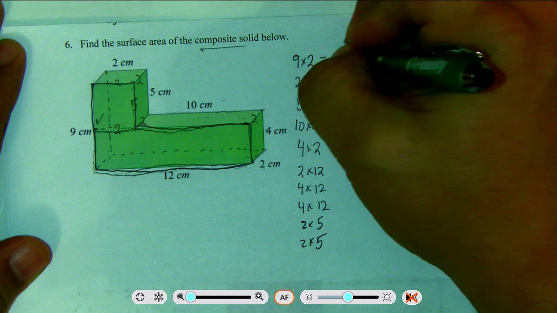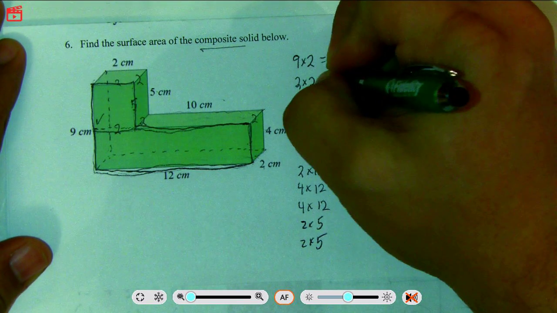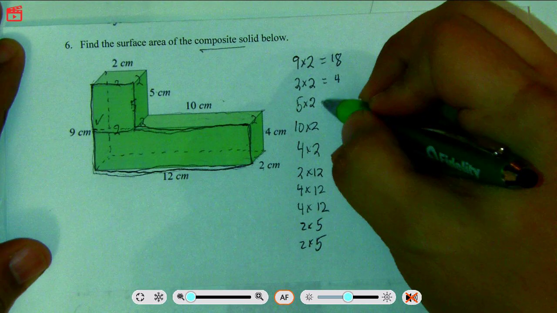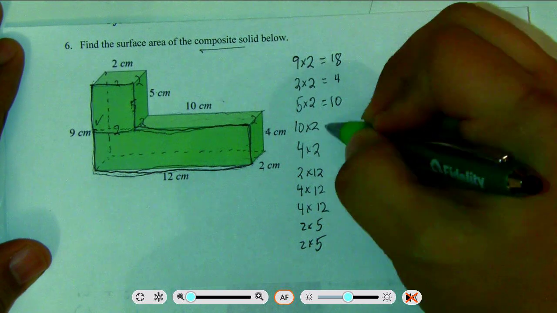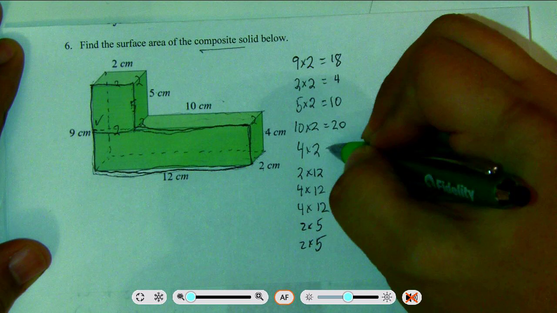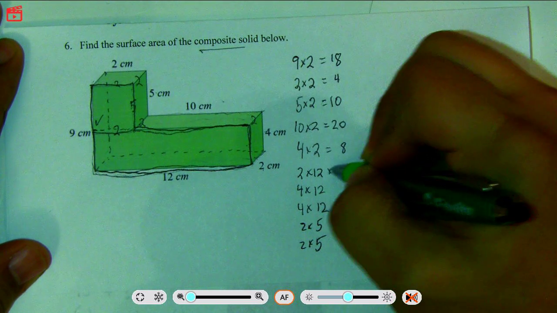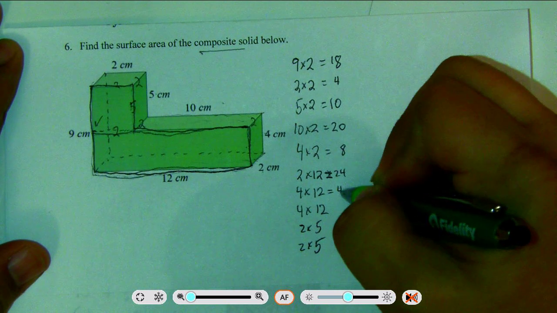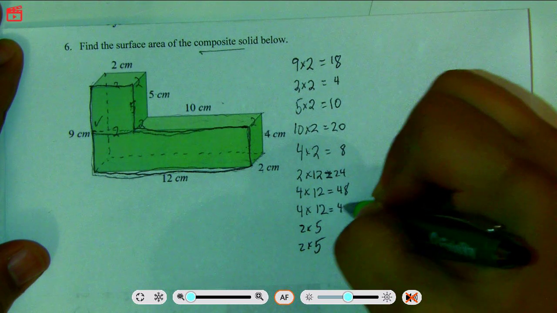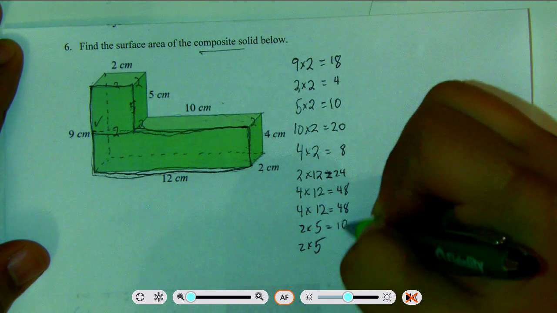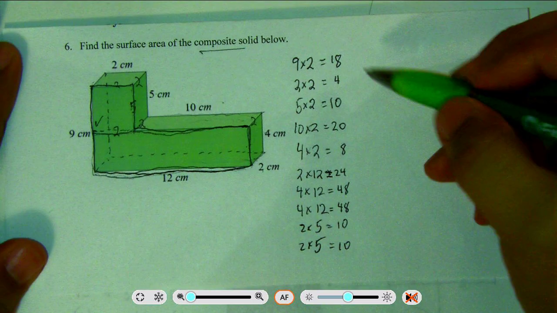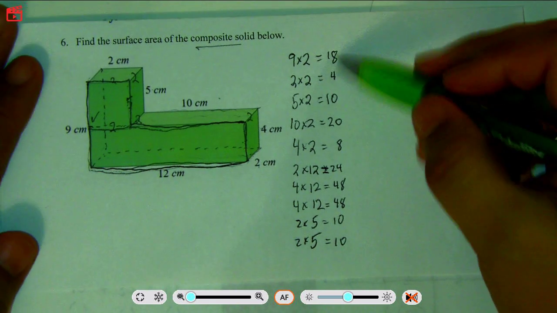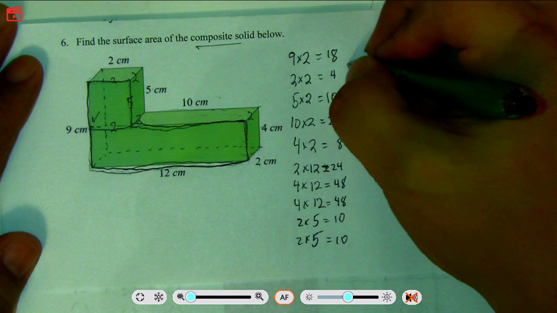So if I multiply all this out, we have 18, 4, 10, 20, 8, 24. Oops, that should be an equal sign. 48, 48, 10, and 10. So these are all the individual areas, and now we just start adding things up.